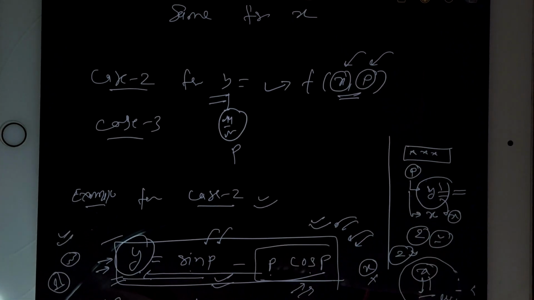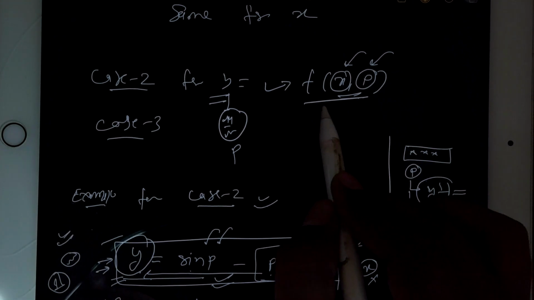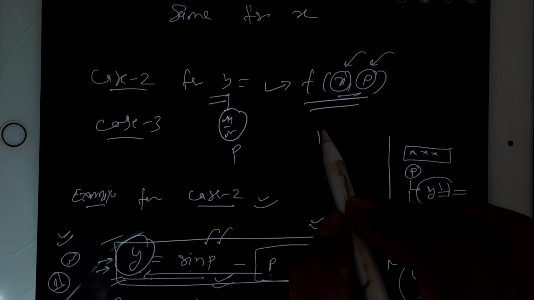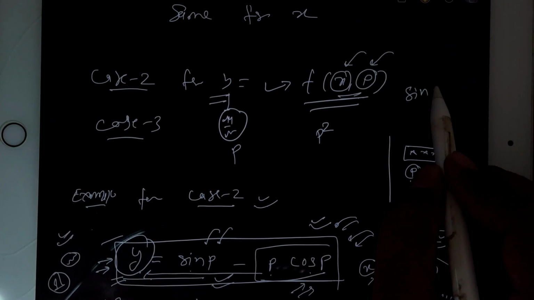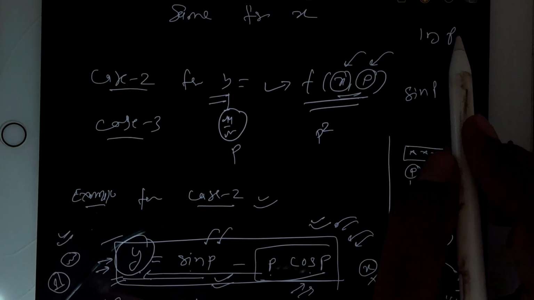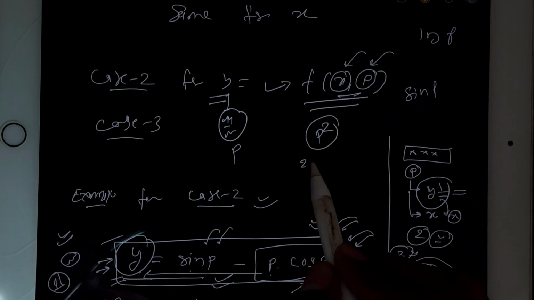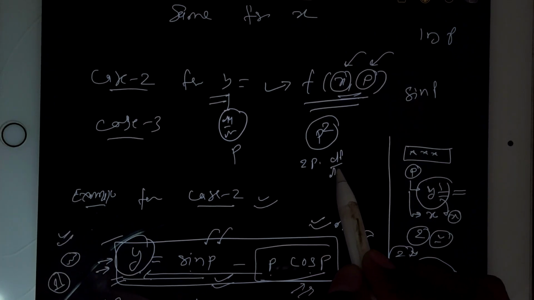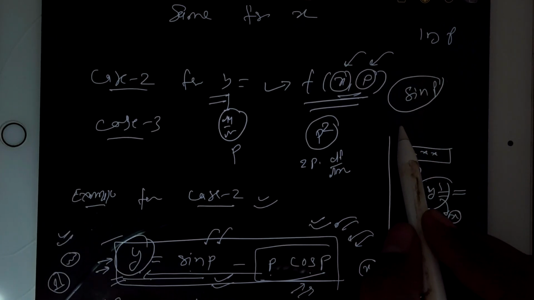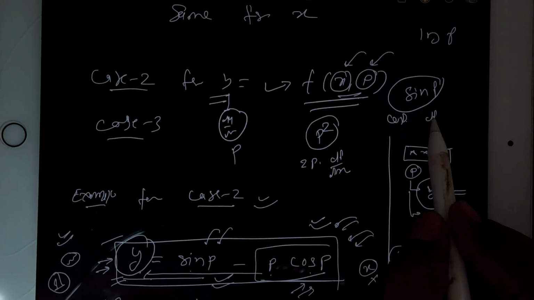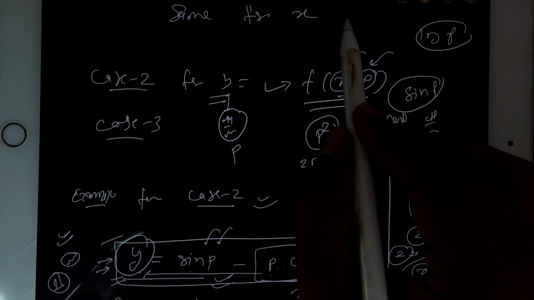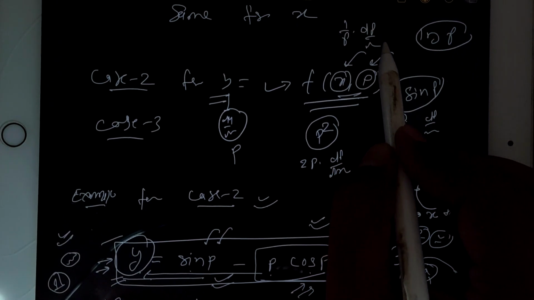It means this is another p, and on this side whatever p is there, suppose somewhere p square is written, somewhere sine p is written, somewhere log p is written, then what will you do? This p square will become 2p into dp by dx. This sine p, if you differentiate, cos p into dp by dx. This log p will become 1 by p into dp by dx.